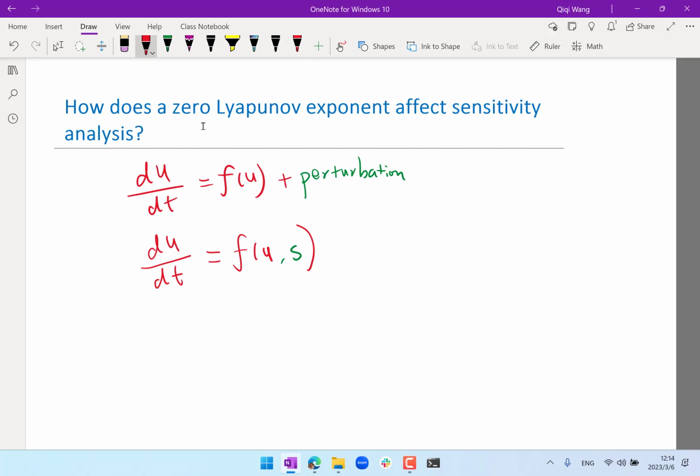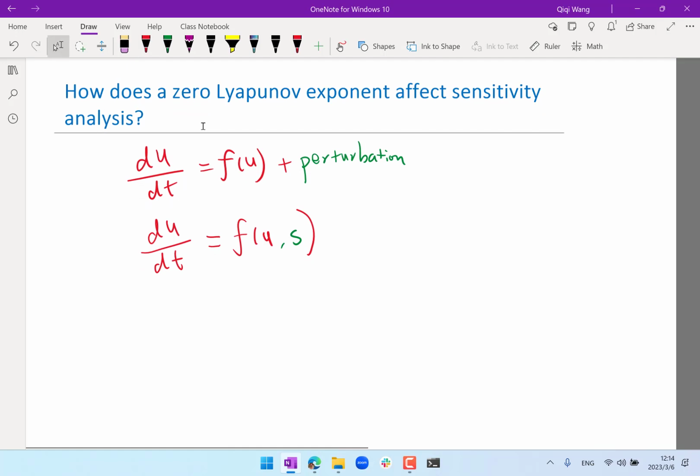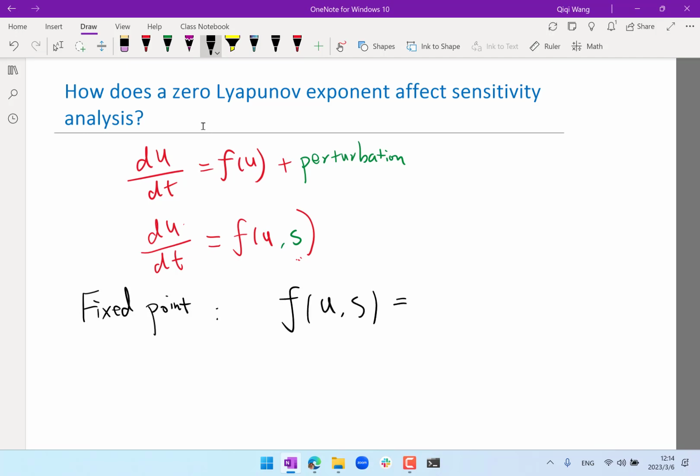So how does the parameter s affect the solution u? That is the subject of what's known as parametric sensitivity analysis. For a stable fixed point, it is almost trivial. A stable fixed point is characterized by f of u and s equal to 0.